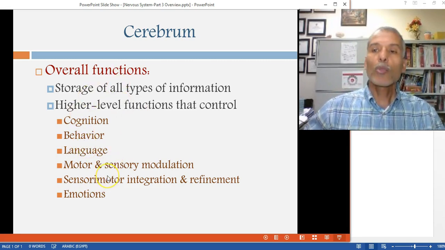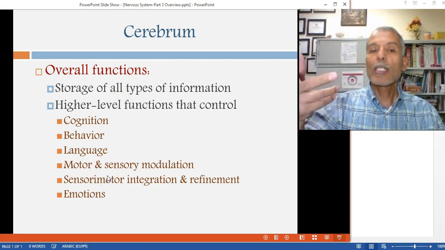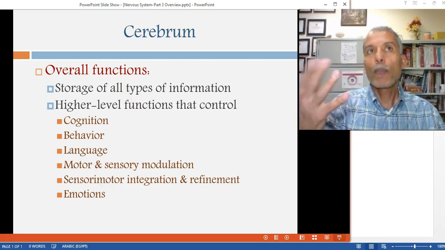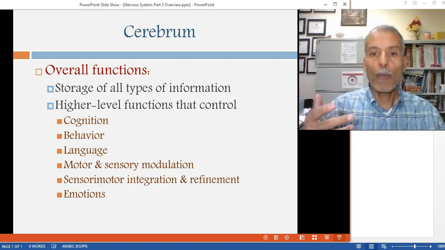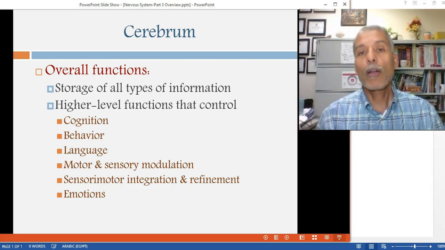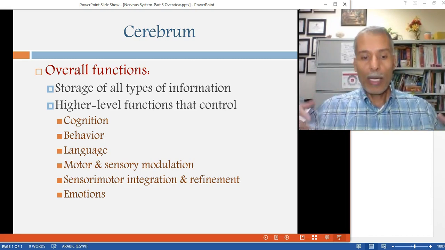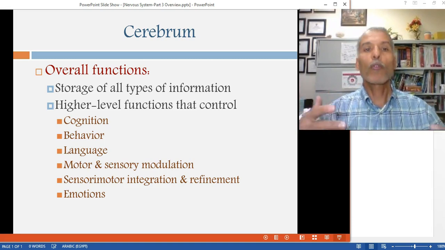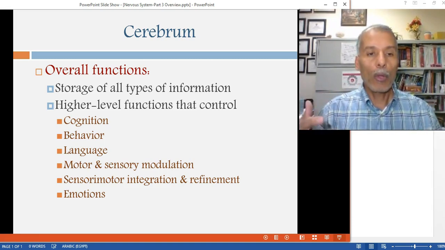So it enables us to integrate motor and sensory functions. For example, let's say you play karate. As you play, say there's a group activity where you perform with other people.